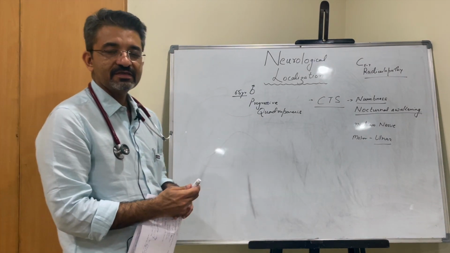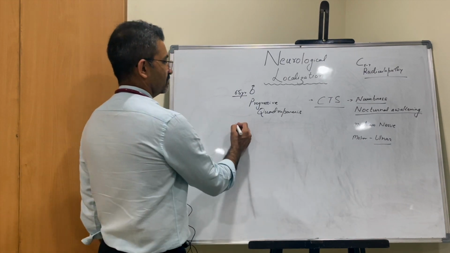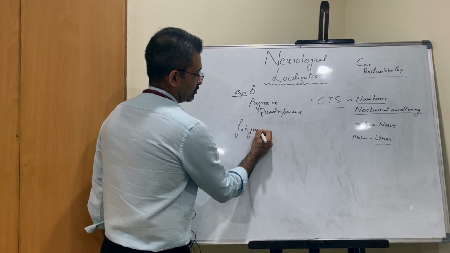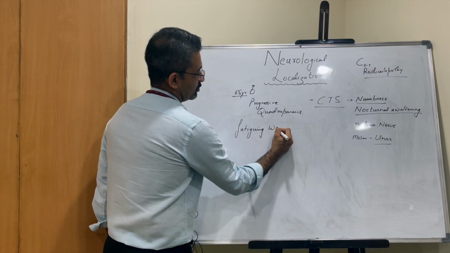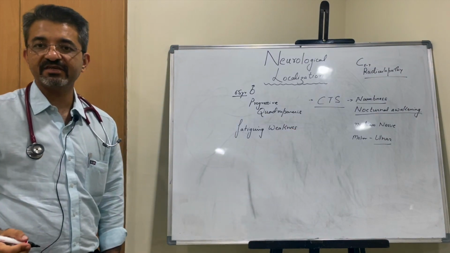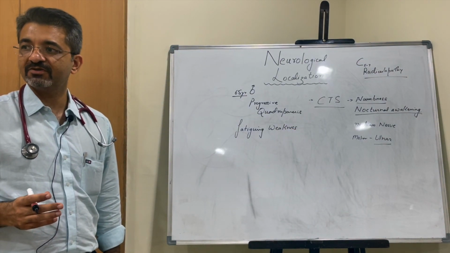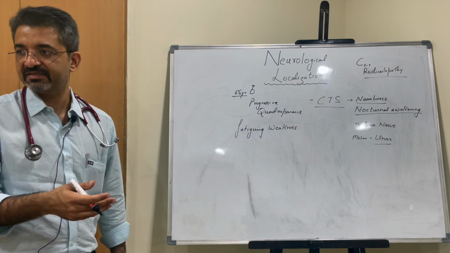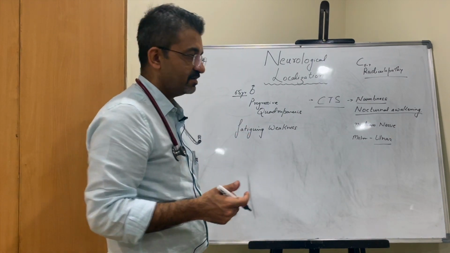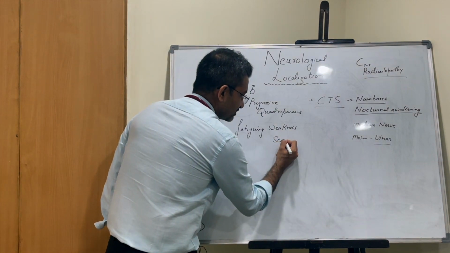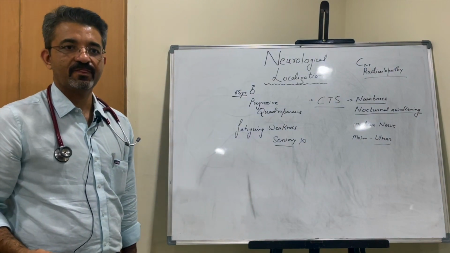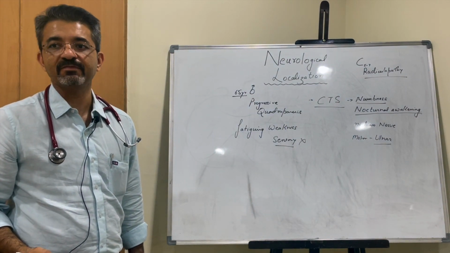So suppose the weakness is fatiguing. If you have a fatiguing weakness, the case goes towards myasthenia gravis, right? The most striking feature in myasthenia gravis is that you will not have any sensory symptoms. Your sensations are entirely normal.